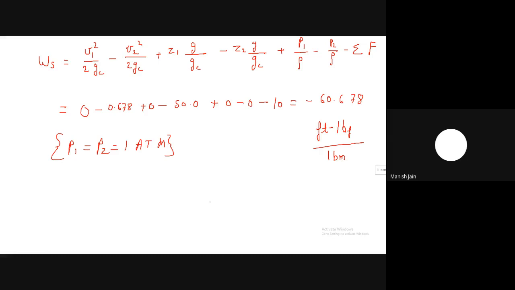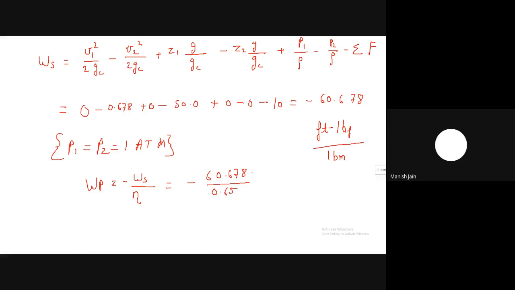Now the efficiency of the pump is given. The efficiency of the pump is 0.65. So you can calculate the power requirement WP, that is equal to minus WS divided by efficiency of the pump. Minus WS is 60.678 divided by the efficiency of the pump, 65%, so 0.65.